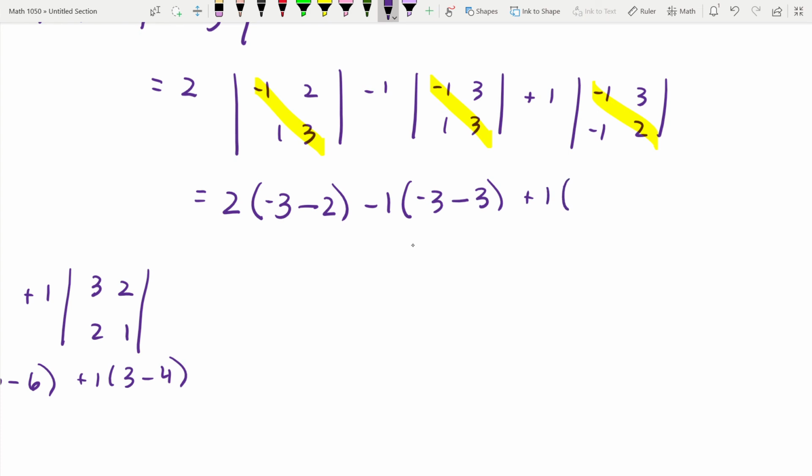Plus 1, 2 times negative 1 is a negative 2, minus 3 times negative 1, that's a negative 3, minus a negative 3 is a plus 3. So grab your calculator: 2 parentheses, negative 3 minus 2, close it, minus 1 parentheses, negative 3 minus 3, close it, plus 1 parentheses, negative 2 plus 3, close it, and I get a negative 3.